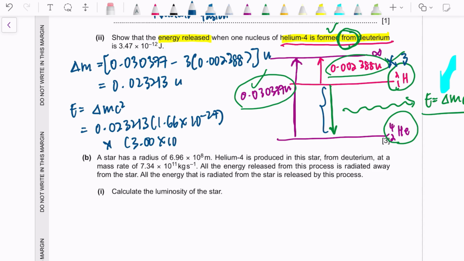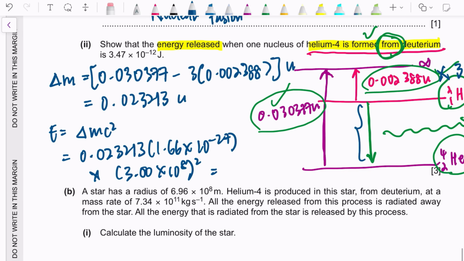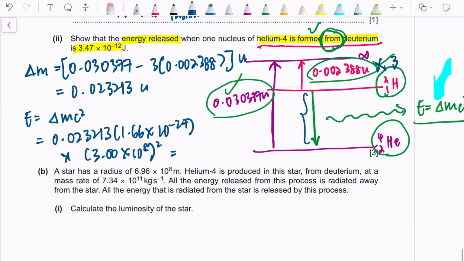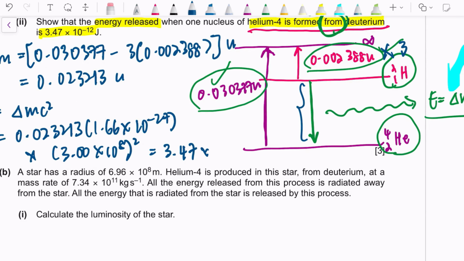Don't forget to square. Here you are lucky because they ask you to show this, so you will know if you did not square because you will not get the answer. But if they didn't ask you to show, you might not know. So always remember to square. And you will get 3.47 times 10 to the power of negative 12 joules.